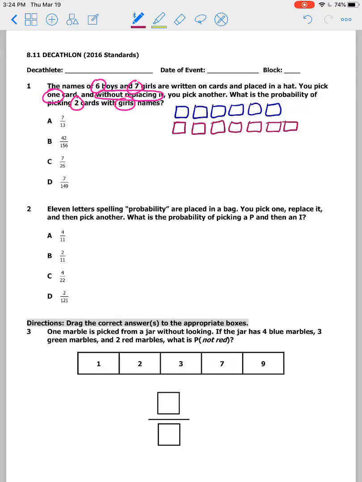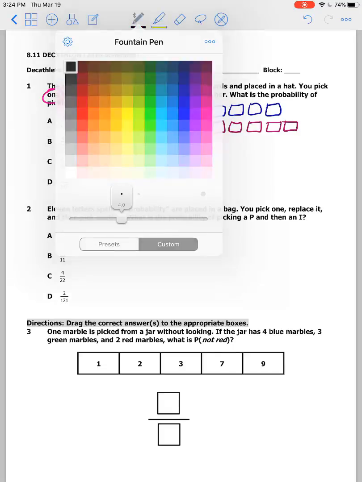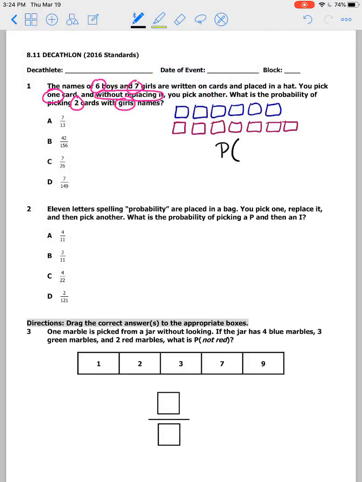And there's a chance that it could be a boy's name or a girl's name. We want to know the probability that we pick a girl's name and then we pick another girl's name. So first we need to determine the probability that we pick a girl's name the first time.